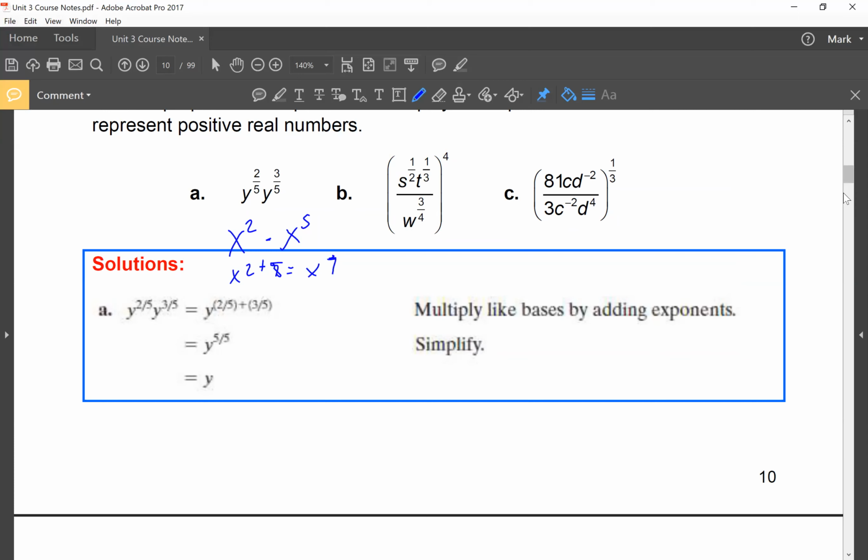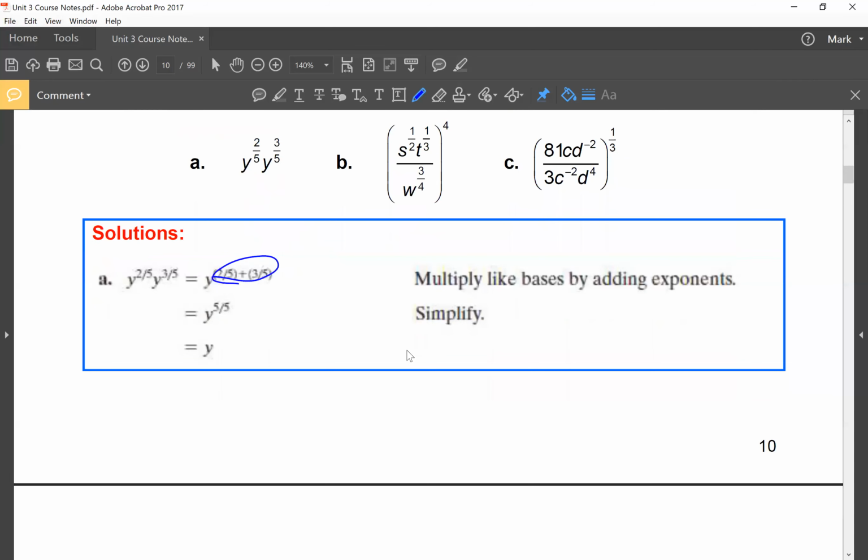So this rule says I'm going to add these exponents. For question number A, 2 over 5 plus 3 over 5 gives 5 over 5, so this would just be y to the 1. And again, I'm going to practice some of these with you.